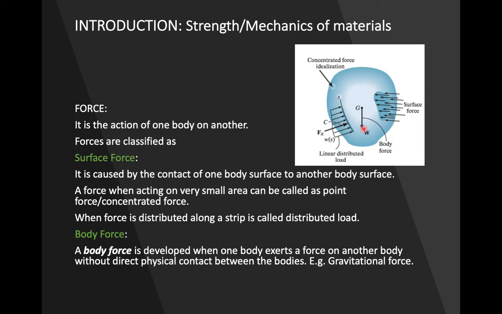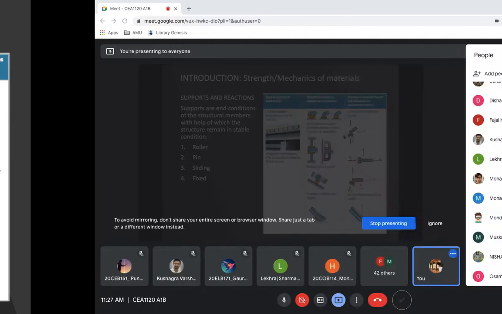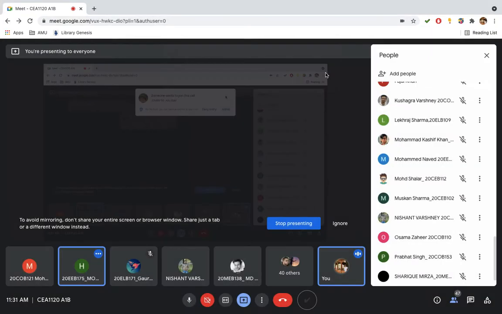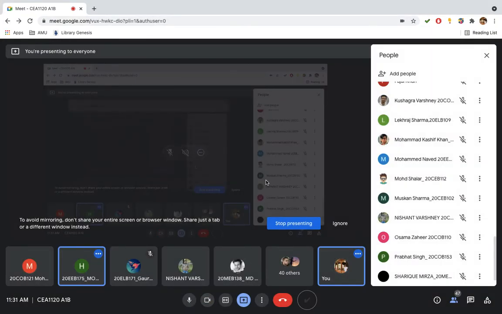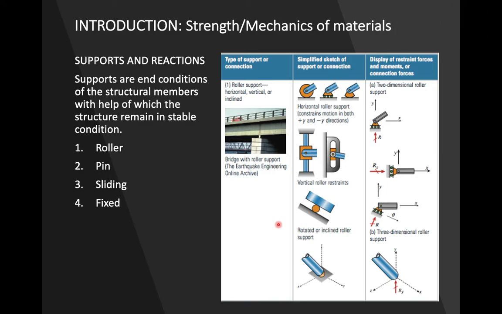Then we have different constraints on the body. Why do we need constraints in a body? Let me turn on this camera. Is this box visible? Yes, sir. If I am applying a force, suppose this box is suspended in space, and I apply a force over here, then what will happen?